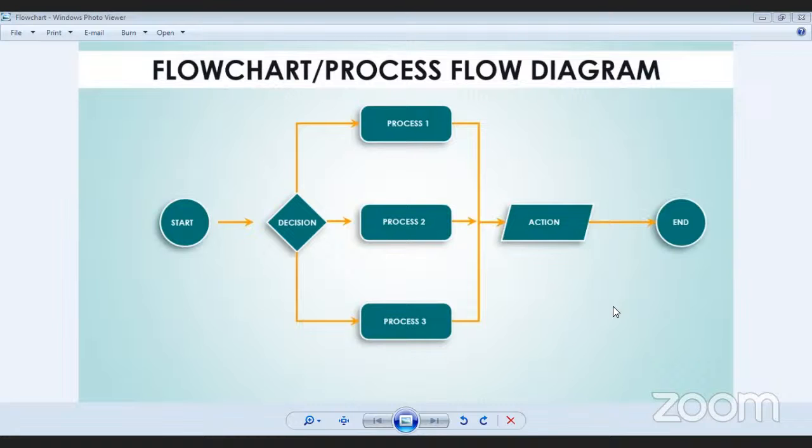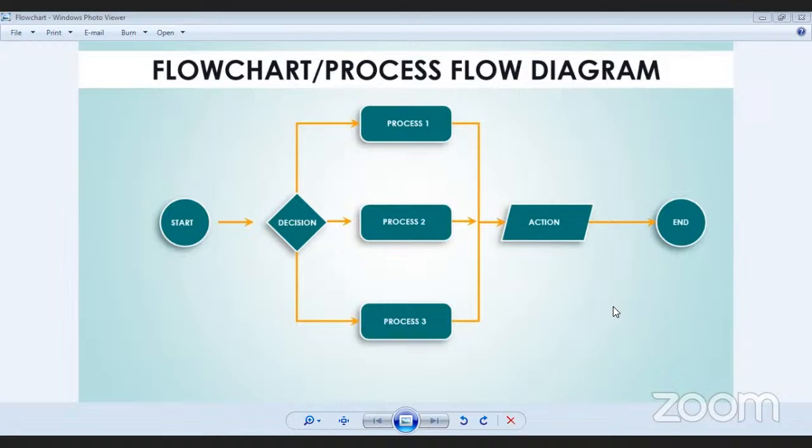The flowchart will contain a circle that will indicate the start, and it will also contain a circle that indicates the end. In between the process, you see the input, this is the start, then decision. If decision 1 is taken, then process 1 will be executed, if 2 is taken, process 2 will be executed, and if decision 3 is taken, process 3 will be executed, and the action will be taken accordingly.